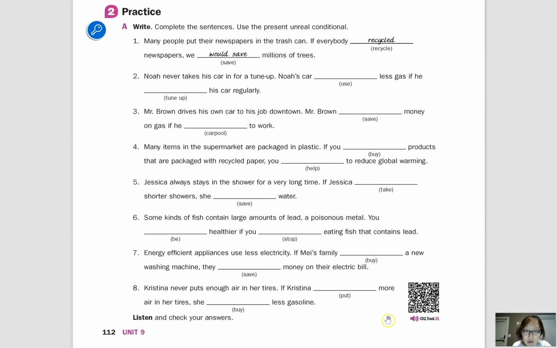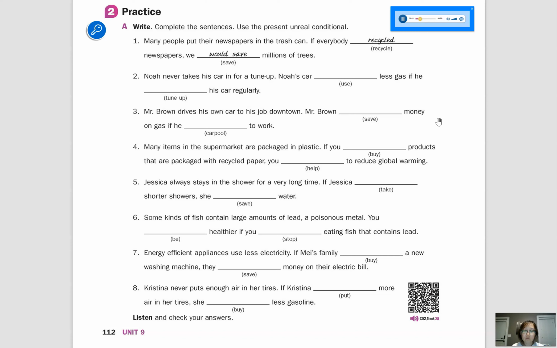Okay, so let me go ahead and play the audio. Page 112, Exercise 2A. 1. Many people put their newspapers in the trash can. If everybody recycled newspapers, we would save millions of trees. 2.